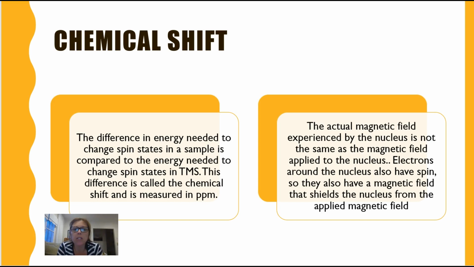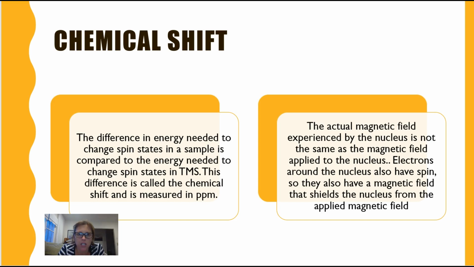So we're going to be looking at chemical shift, and you heard me mention that before and probably didn't understand what I was talking about. But our chemical shift is where we will have the different spin states of a sample compared to the energy needed to change the spin states in the TMS.